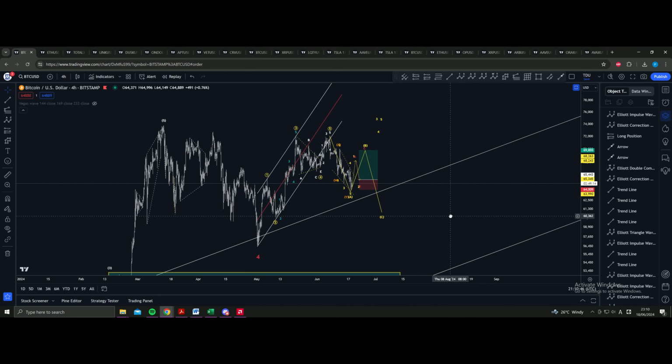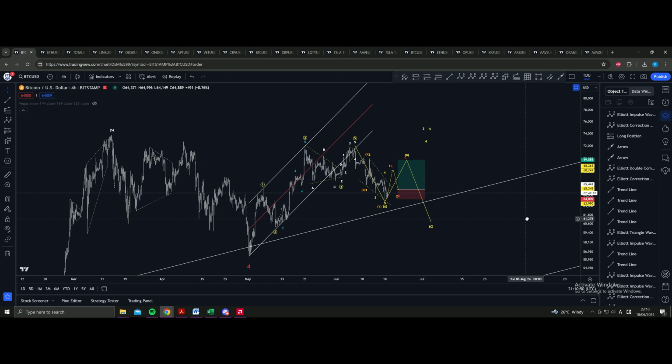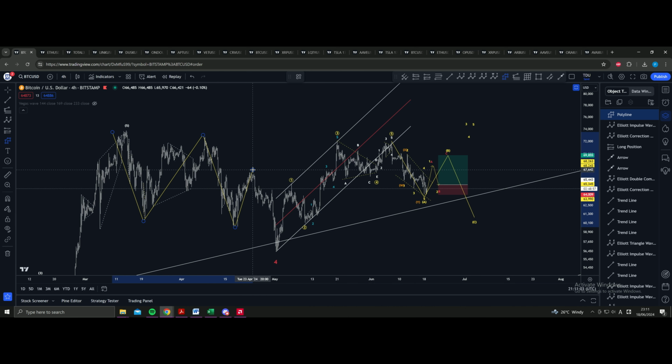Another way to look at this structure would be like this: a flat that ends there, as was my primary count before, and now you have a wave A, a wave B, so 3 3 1 2 3 4 and 5, which would also imply a flat.